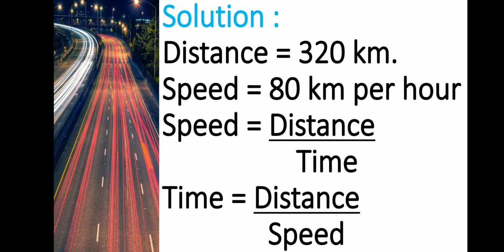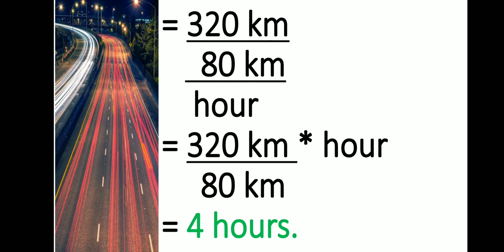So time equals distance upon speed. So what is distance? 320 km and speed 80 km per hour. That is 320 km into hour divided by 80 km. So kilometer gets cancelled. 0 gets cancelled. 8 4s are 32. So 4 hours.